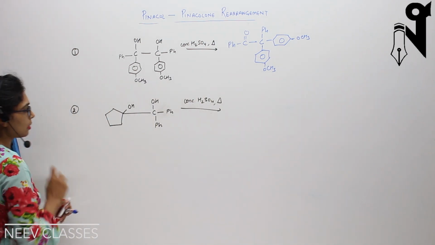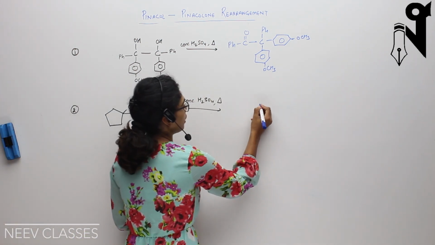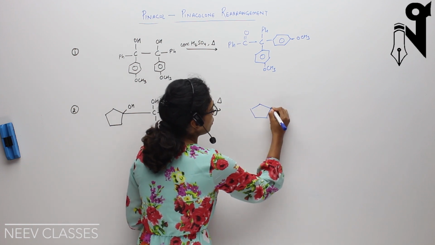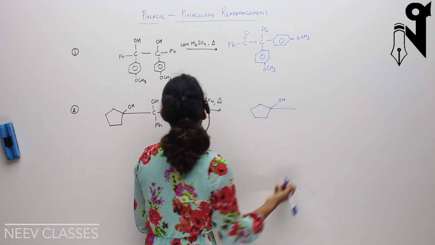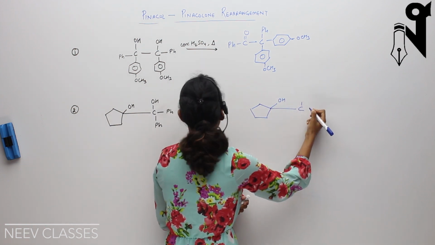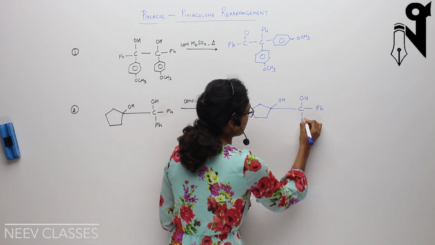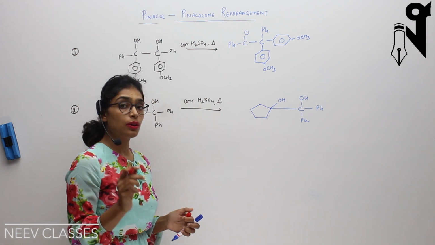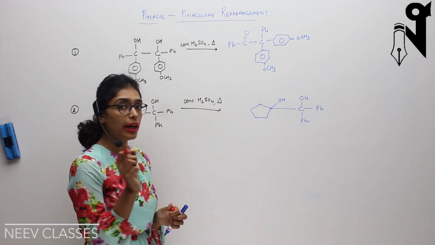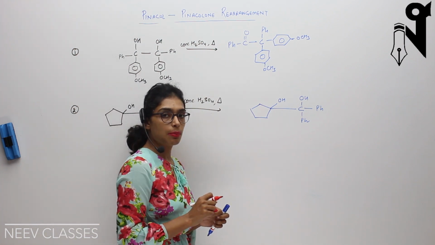Now, what's happening in the next question? We have two unsymmetric places where O can get attached with H plus to form a protonated alcohol. Now we have to decide where H plus will go. H plus will go on that OH where you can form a better stable carbocation.